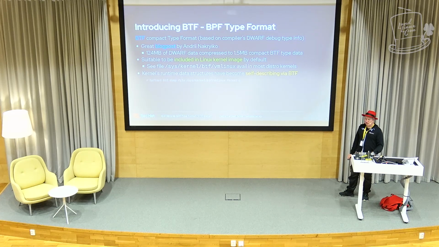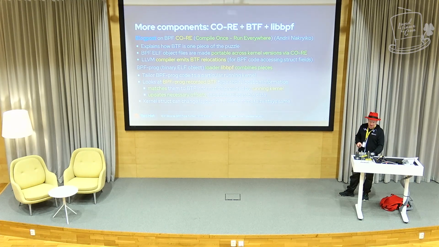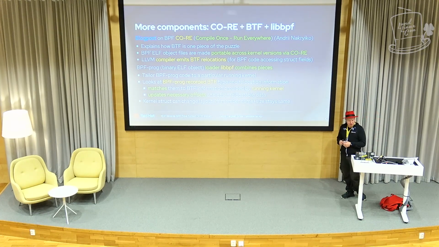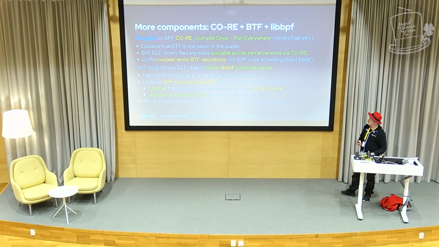It's mostly used for tracing, when you want to trace something, and the relocation. I have a little slide on how the relocation works. There are actually more components than just the BTF. We also have something called CO-RE, compile once, run everywhere, and we also have a component, libbpf, that does things.